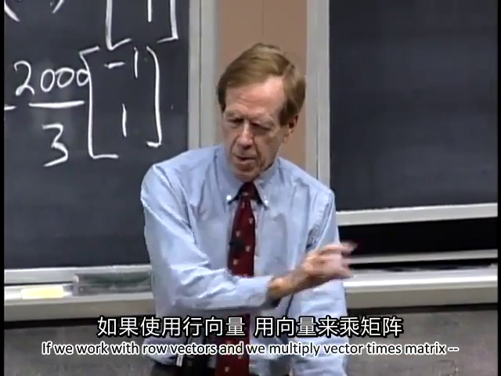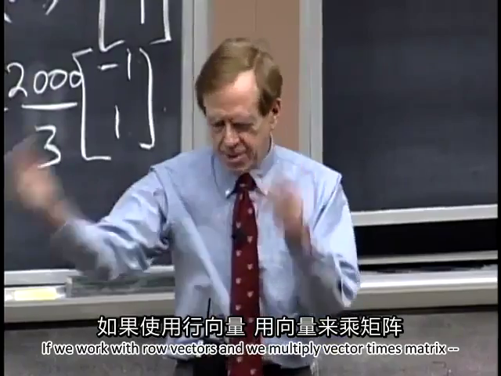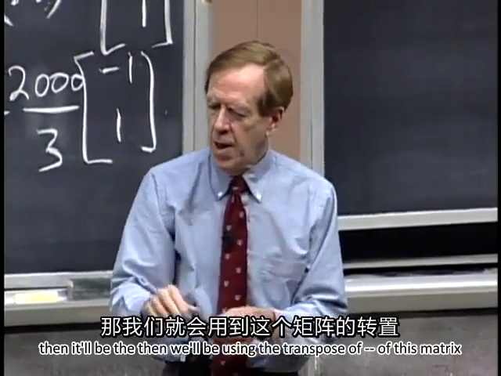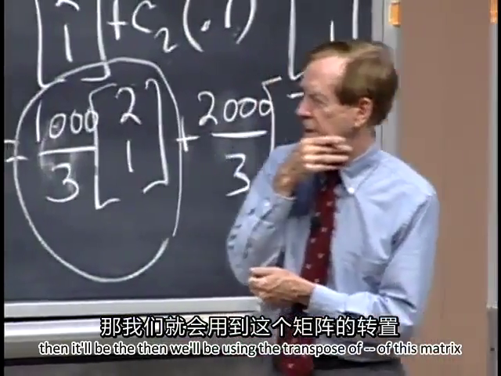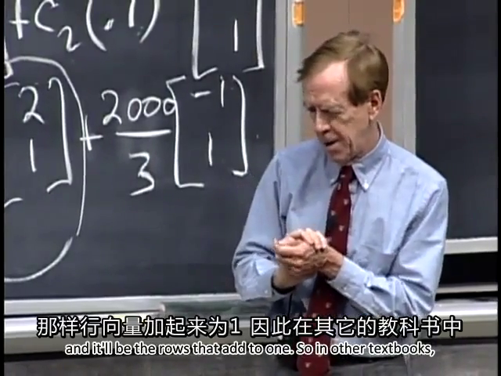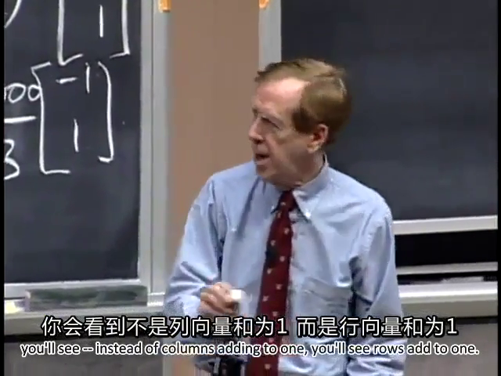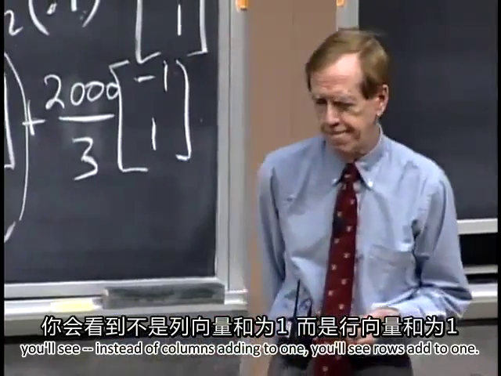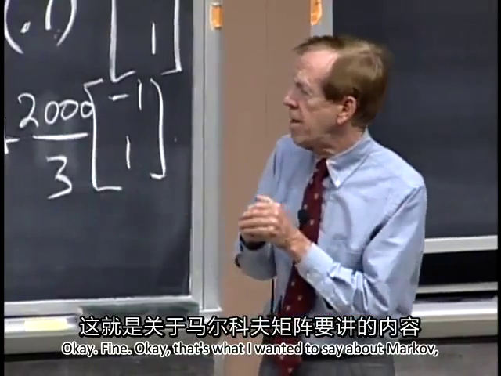If we work with row vectors and we multiply vector times matrix, so we're multiplying from the left, then we'll be using the transpose of this matrix, and it'll be the rows that add to 1. So in other textbooks, you'll see rows add to 1 instead of columns. Okay, fine. That's what I wanted to say about Markov.